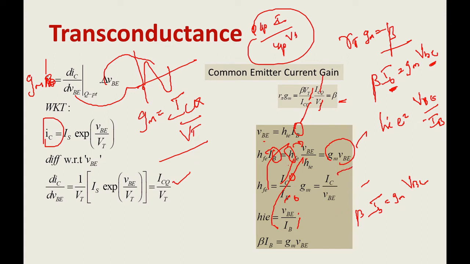When you get GM, GM is multiplied with VBE. So now I hope you understand that beta IB is equal to GM times V pi.